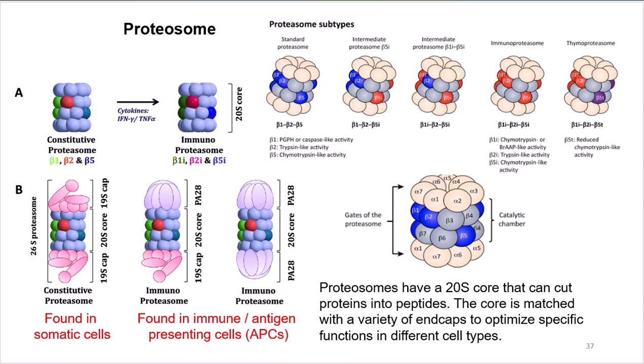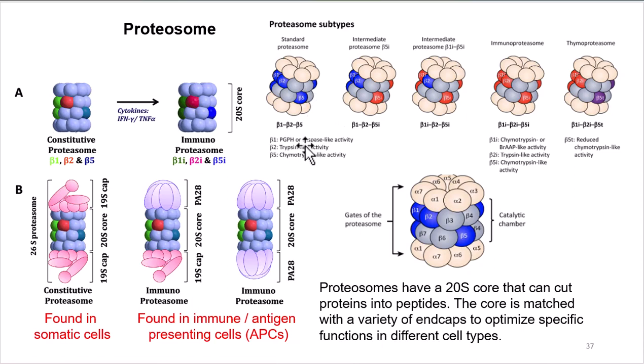So what's in the dendritic cells and the macrophages is not the exact same proteasome as found in the rest of the cells in the body. These end caps are different. There are also different kinds of cores, with trypsin-like and chymotrypsin-like activity. These are enzymes normally found in the gut for digesting meat, but really we're talking about the degradation of proteins by these. And so they have different protein specificities.